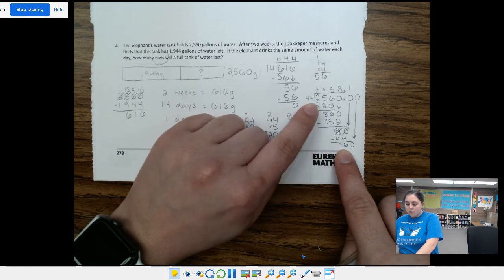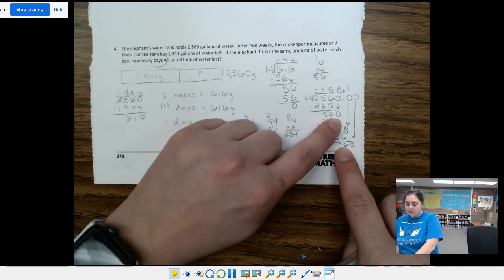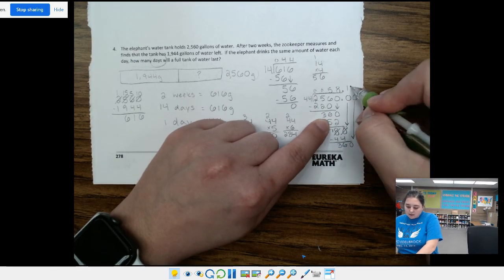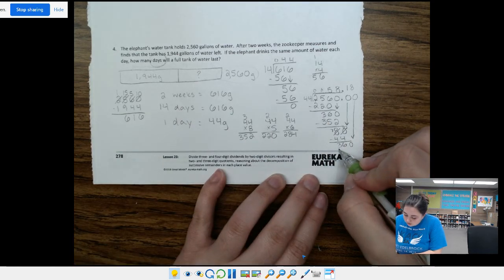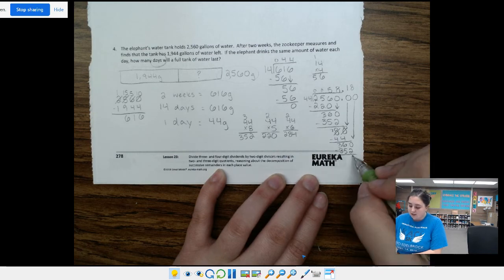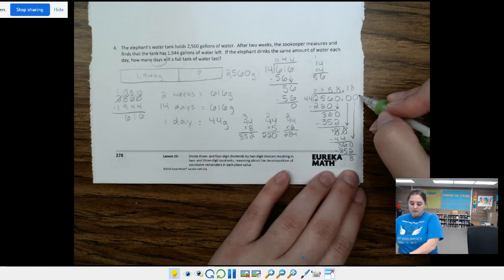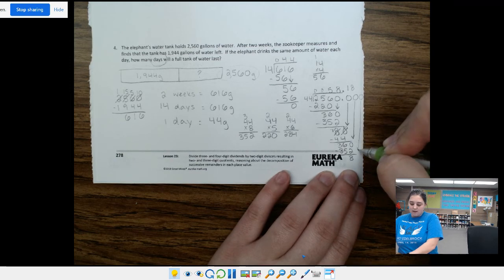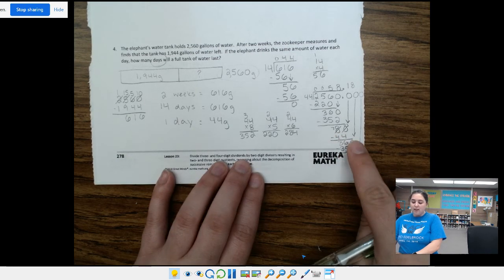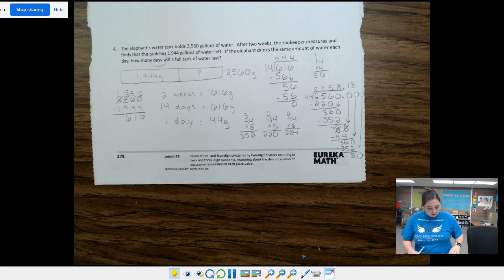So I'm going to say 44 can go into 360. That was 8 times, which got me to 352. When I subtract, I get 8 again. Ooh, and look, I'm seeing this. If I brought it down again, I'd get 80. It's going to actually repeat 1, 8, 1, 8, 1, 8.